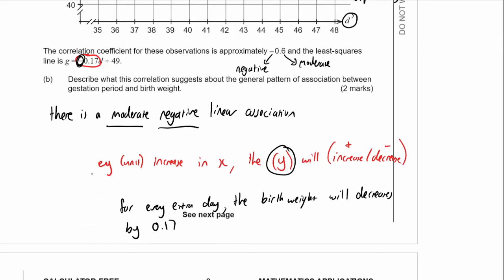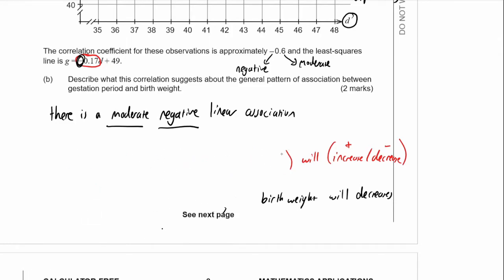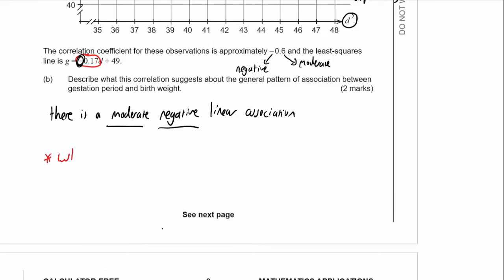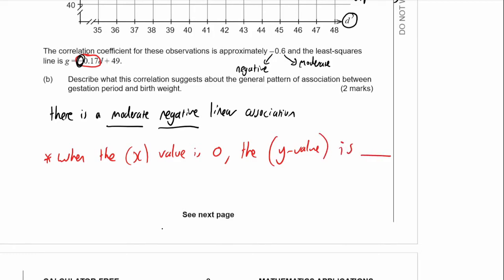The standard response for interpreting the y-intercept is going to be something like this: when the x value is 0, the y value, whatever that is, and then you just write down what the y-intercept is. So in this case, the y-intercept is 49.